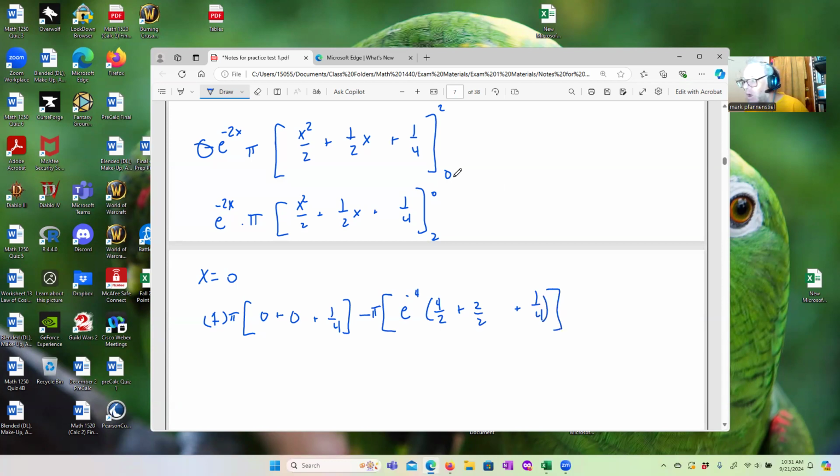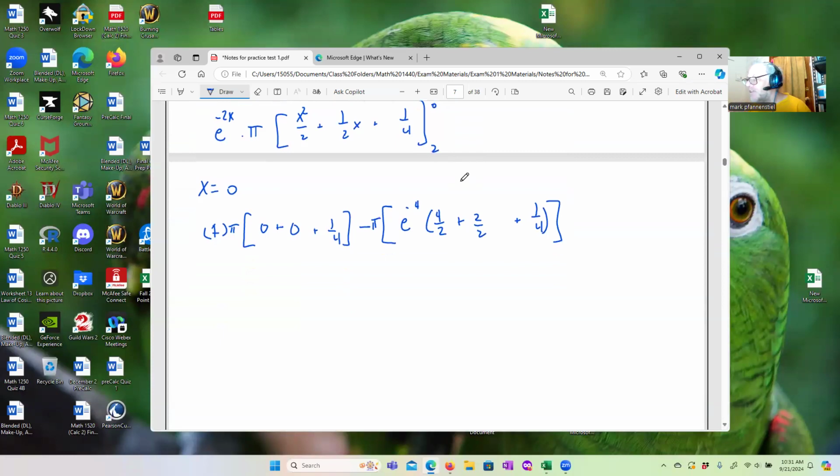The hardest part of doing a lot of these problems is just figuring out the arithmetic. So I'm going to factor the pi all the way out front here. We have 1/4 here, 0 plus 0 plus 1/4, minus e to the 4th.